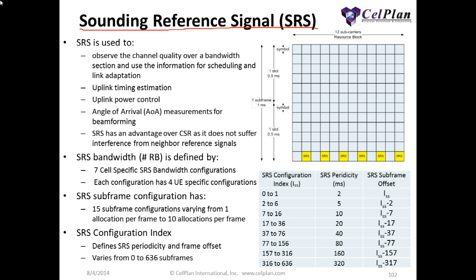The sounding reference signal is signaled also in the SIB2, where its location is, so the eNB knows where to receive it, or the UE knows where to send it.